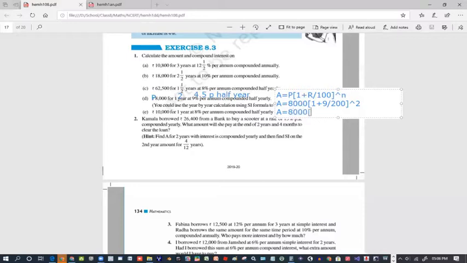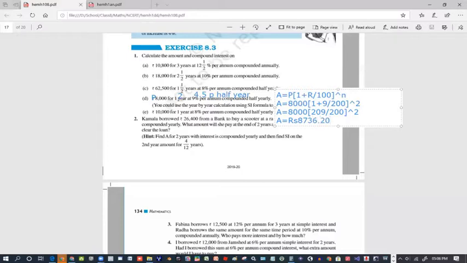So solve this. 8,000, then it will become 209 by 200 to the power 2. So amount will become rupees 8736.20.